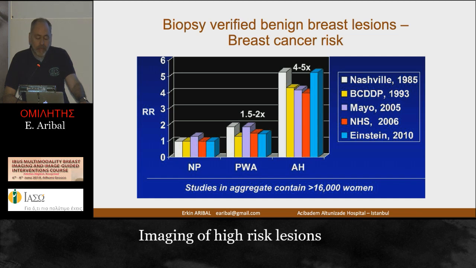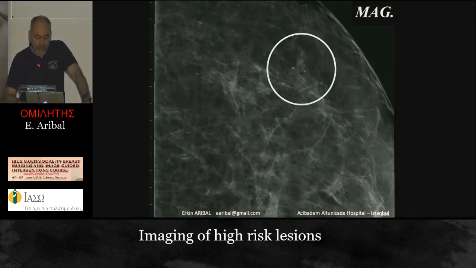So when you have atypical hyperplasia, it's very important. It is one of the keys when you are evaluating your results, because it has 4 or 5-fold relative risk of having a cancer. Here is another calcification.